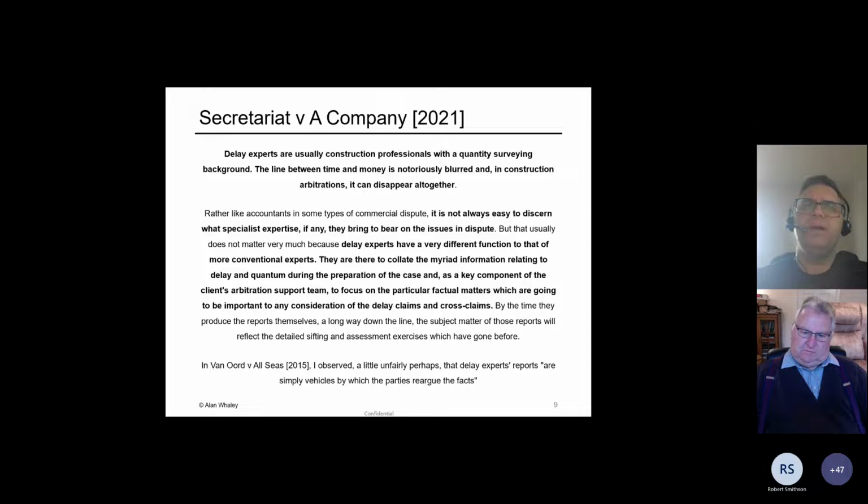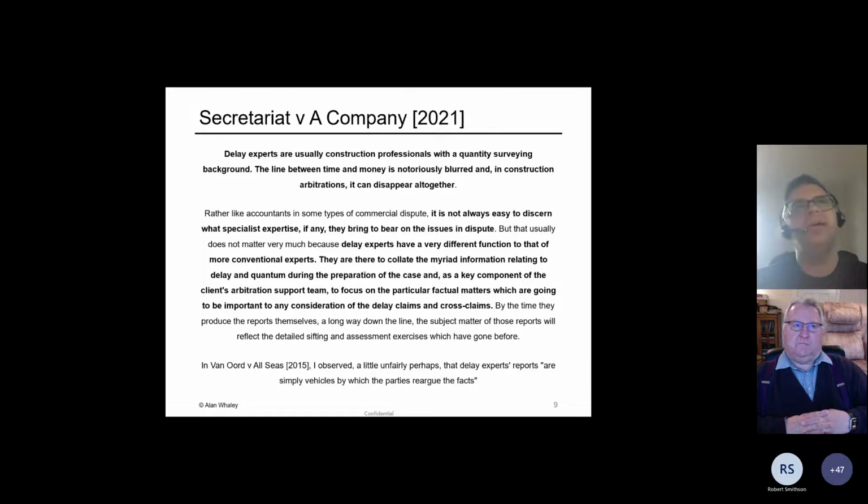So Coulson's quite cynical about delay experts, as you can read in the last line there. In the Van Ord versus Allsea case, he said a little unfairly that delay experts' reports are simply vehicles by which parties re-argue the facts, which is perhaps a bit unfair. But I think he struck the right tone there in distinguishing a delay expert from, say, an engineering expert, where an engineering expert has a very narrow question, you know, what caused the bridge to fail? And that might involve some calculations and some academic papers.